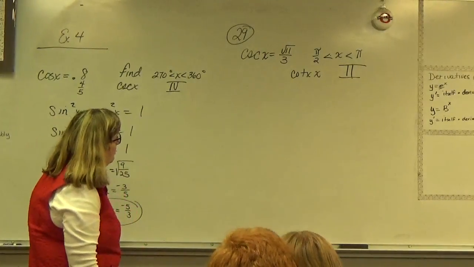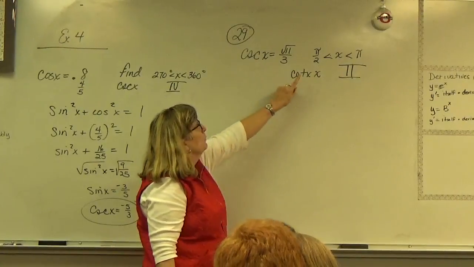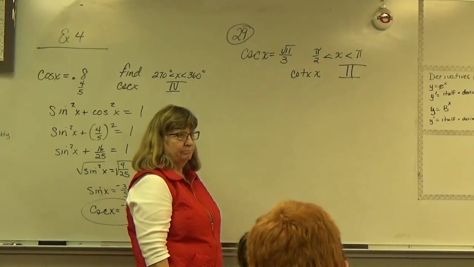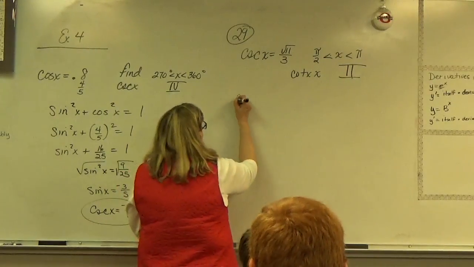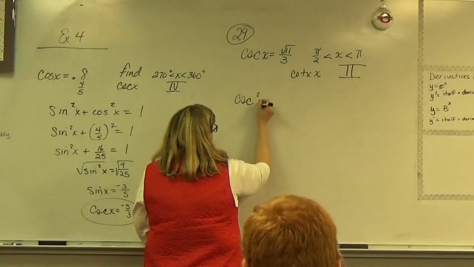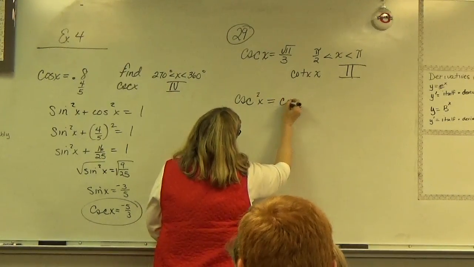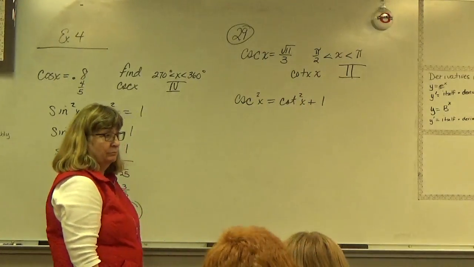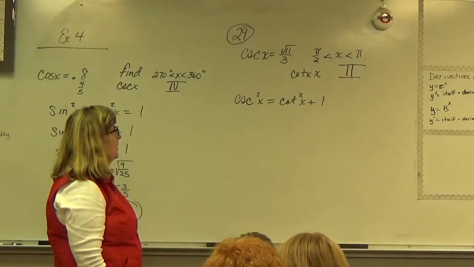Now, remember, we're given cosecant, we want cotangent. Which of those Pythagoreans might be a good one to use? Cosecant squared x. Does everybody agree that's a good one? Okay, now, let's sub stuff in.